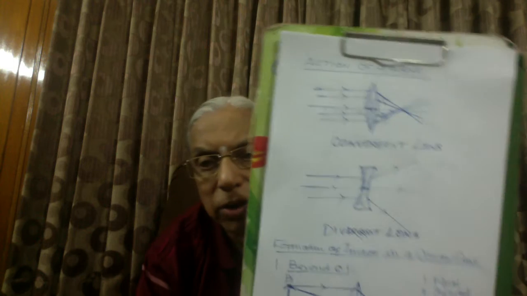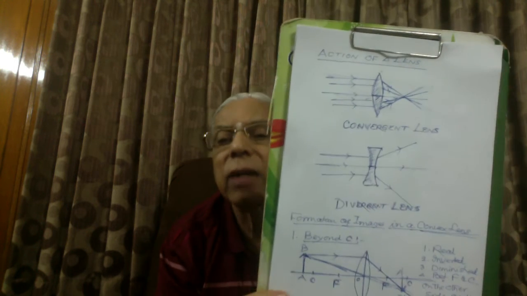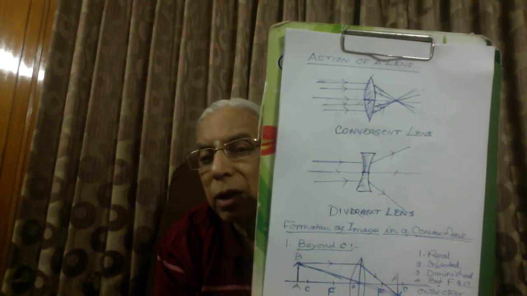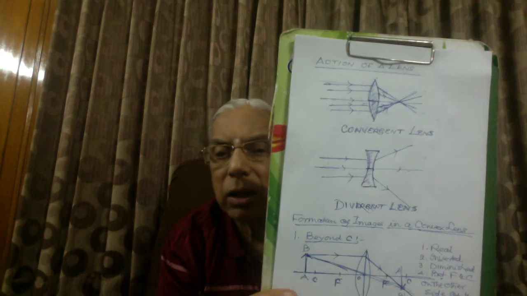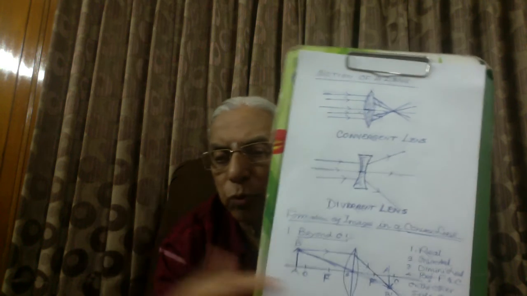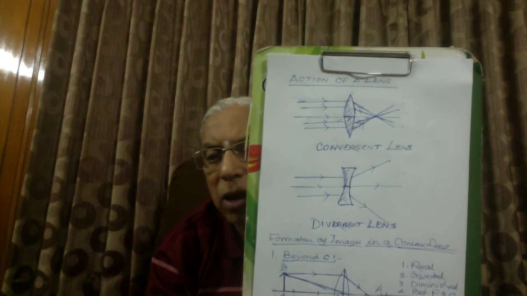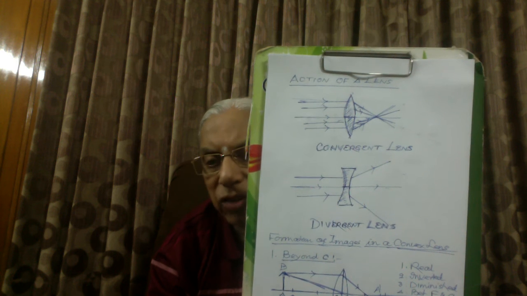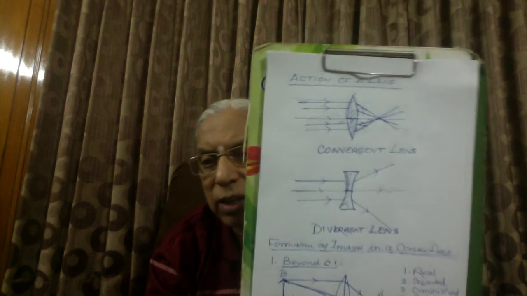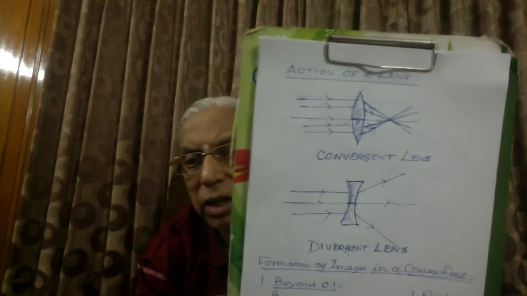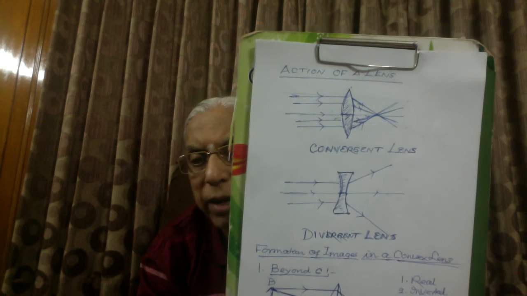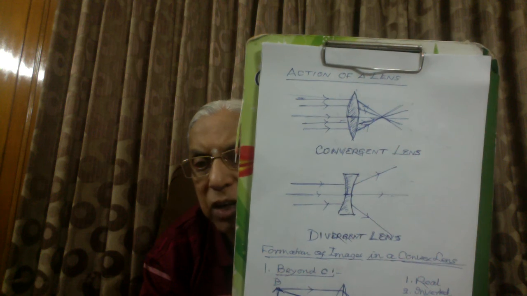The top one is a convex lens, the other is a concave lens. The parallel rays, when they undergo refraction through the first lens, will be converged towards a point. You are able to see that. They will be focused at a point.